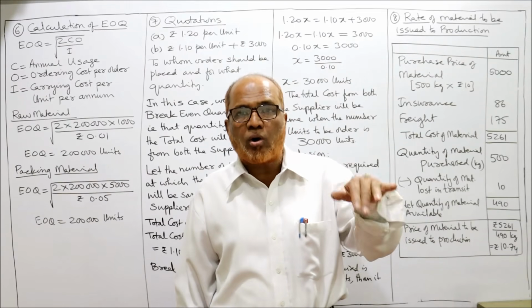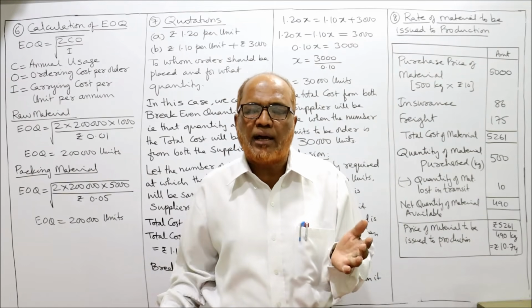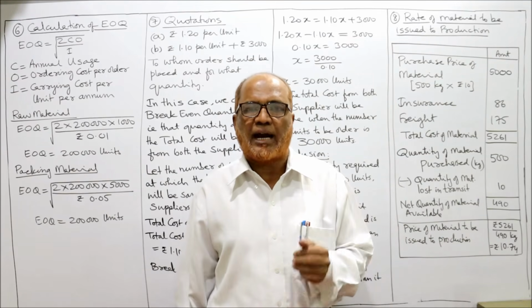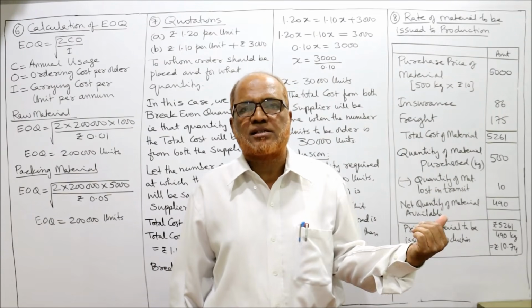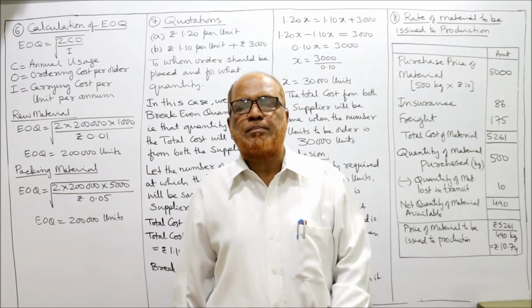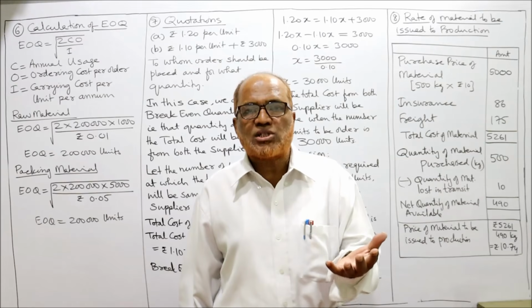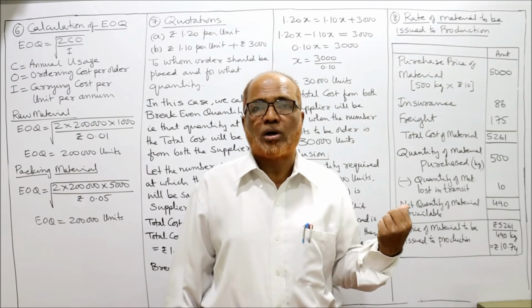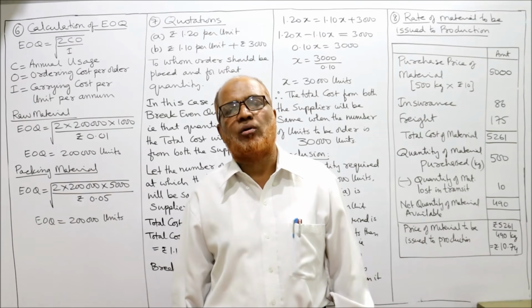More orders means more ordering cost, but carrying cost will be less because we are holding a small quantity of material at a time. If few orders are placed, ordering cost will be lower, but carrying cost will increase. So there is an inverse relationship between ordering cost and carrying cost.